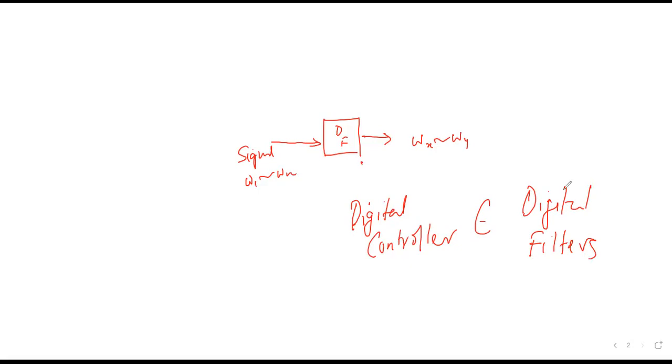The more common name is digital filter, and a particular subset of that can be considered as a digital controller. Now, what is meant by realization? Realization of a pulse transfer function means determining the physical layout for the appropriate combination of arithmetic and storage operations. Basically, for whatever pulse transfer function we have, how can we represent it using some combination either in hardware or software? This is what is meant by realization.